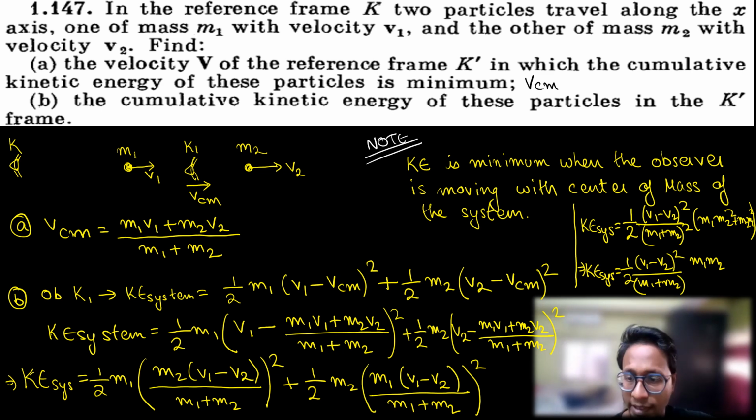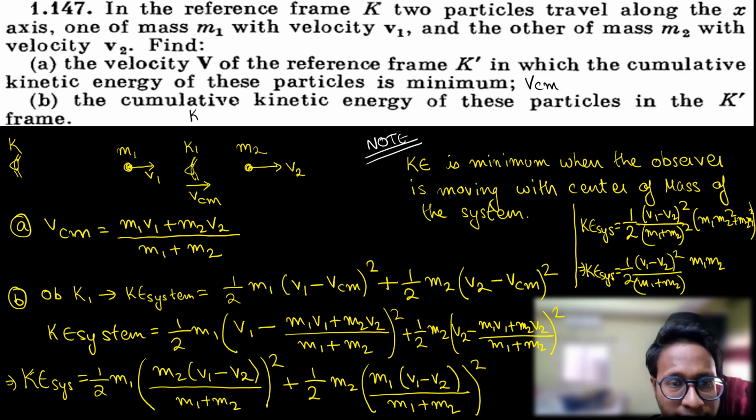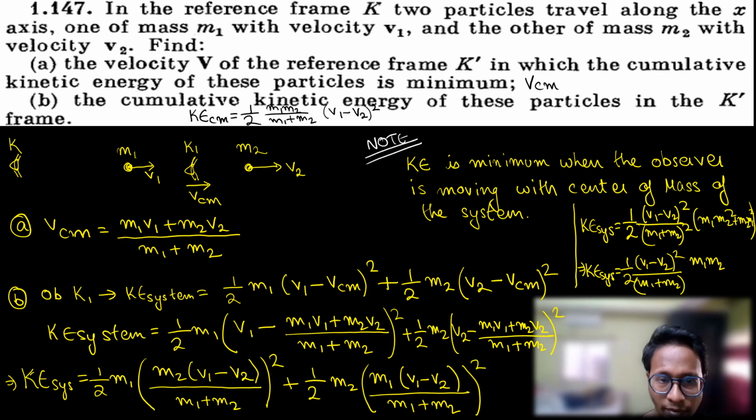Now I'm just reorganizing this answer. Our kinetic energy of the system, as seen by the center of mass, is half m1 m2 divided by m1 plus m2, into (v1 minus v2) square. So remember this result.